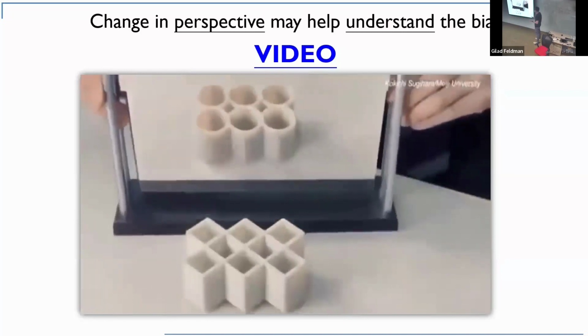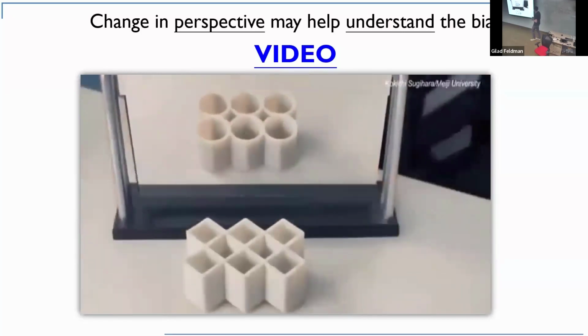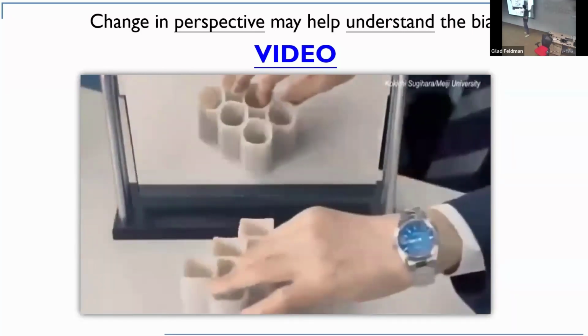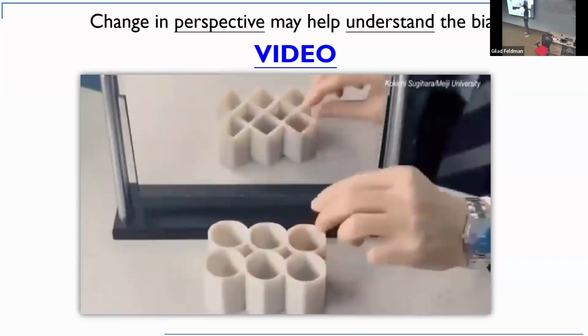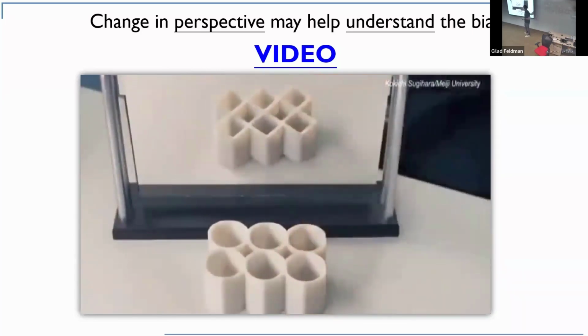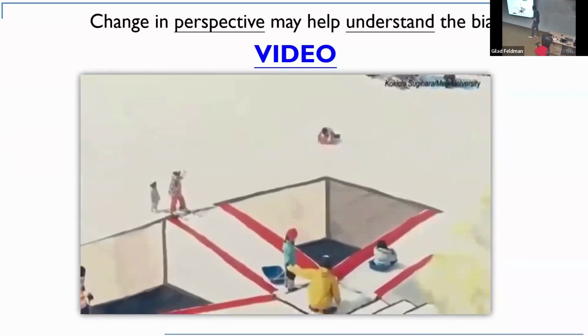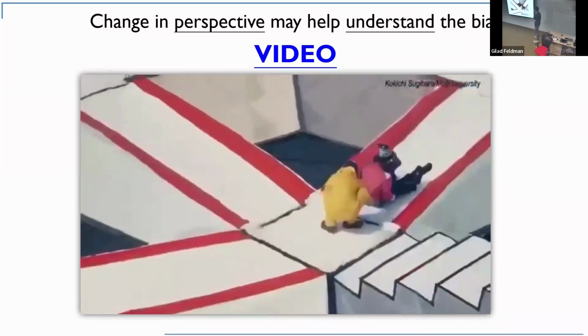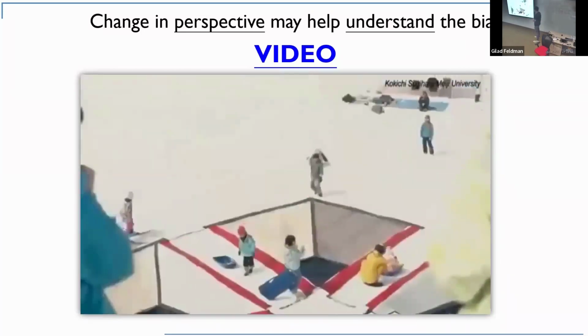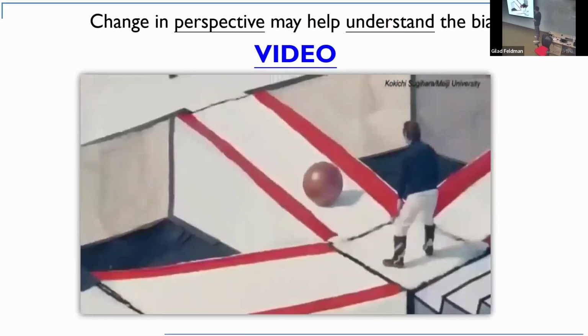So now people compete with this. If you look at this the way that it seems for us right now, but if you look at this from a different perspective, then something completely changes. This is a very famous MC Escher kind of thing, where it looks like going down, but it's actually going up.